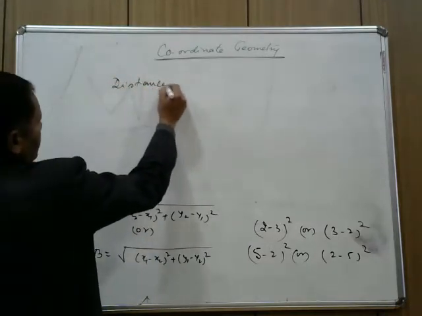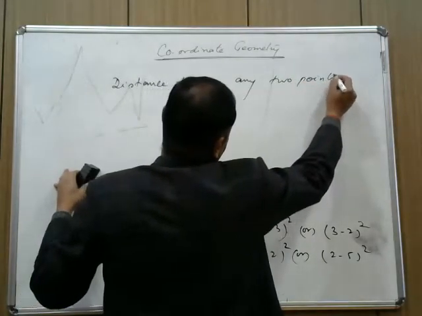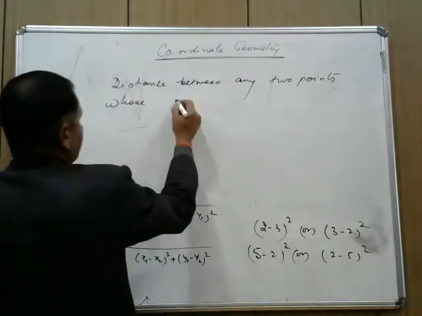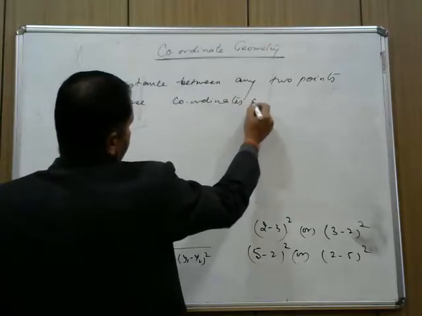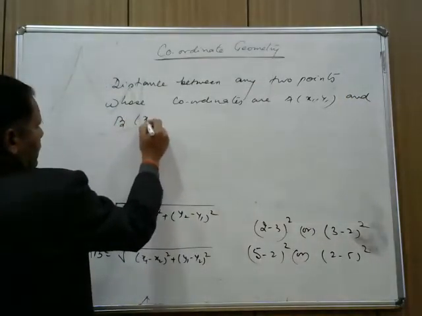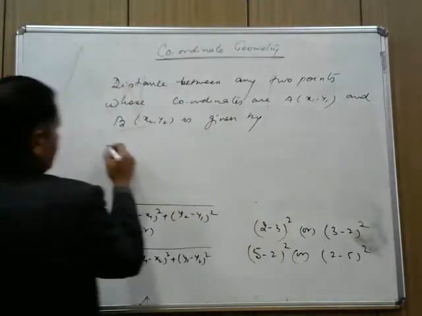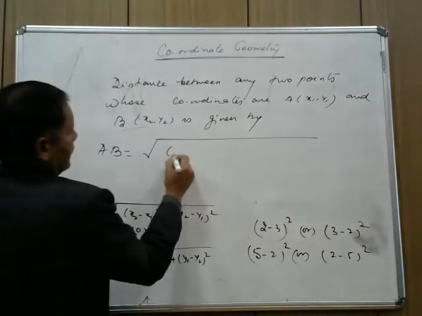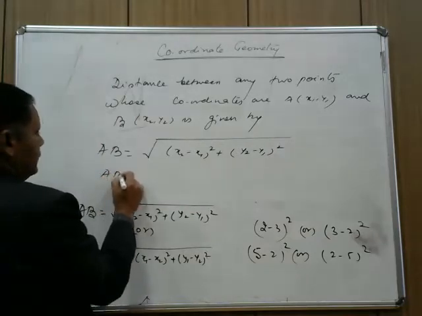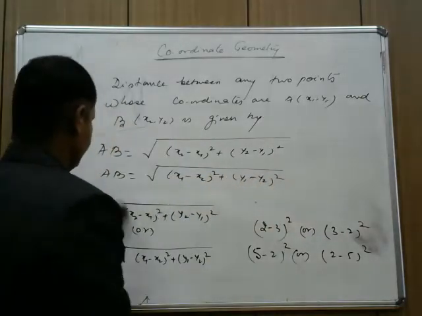The distance between any two points A x1 comma y1 and B x2 comma y2 is given by AB is equal to under root x2 minus x1 whole square plus y2 minus y1 whole square, or AB is equal to under root x1 minus x2 whole square plus y1 minus y2 whole square. Any one of them is correct.